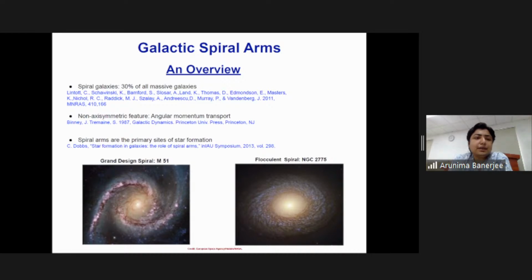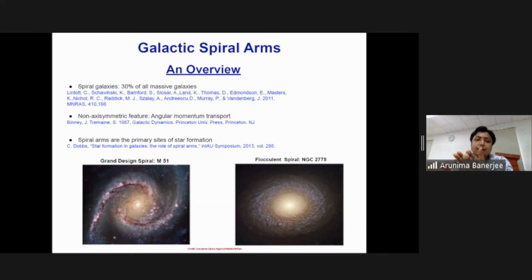See, these are non-axisymmetric features. That is very evident from the pictures. And non-axisymmetric features will help in angular momentum transport. As you know, these galaxies are fundamentally angular momentum supported, which is responsible for their disky appearance also.